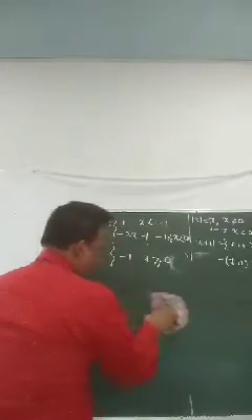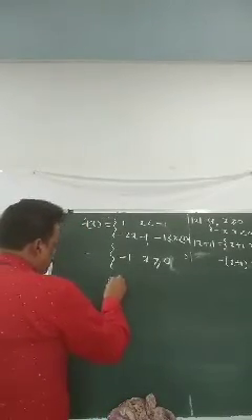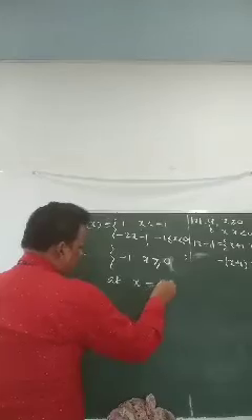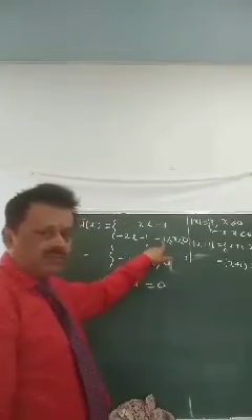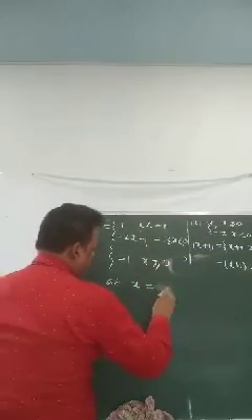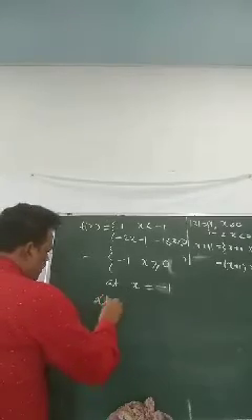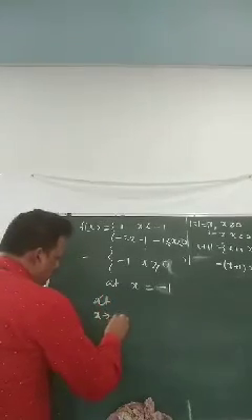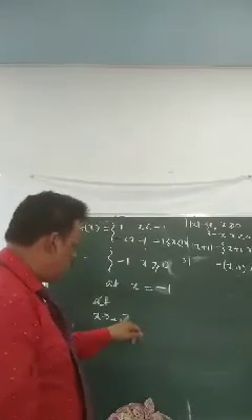Continuity at a point means, if I take x equals 0, because the points are 0 and -1, first we can take -1 because -1 comes first. So left hand limit, x tends to -1 from the left side.